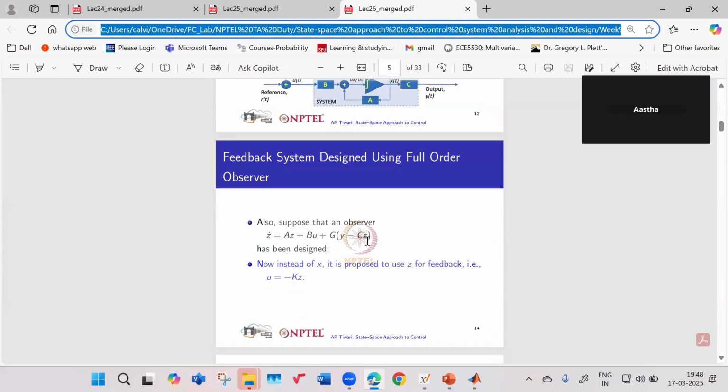Another limitation in this Leuenberger observer is that we need to exactly know our system dynamics. That is, we need to know our A, our B, and our C, etc. This may not always be possible in practical life, they will vary, they will change. Those things have not been considered in this analysis. So these things will further require simulations and there will be further advanced concepts to get into, right?